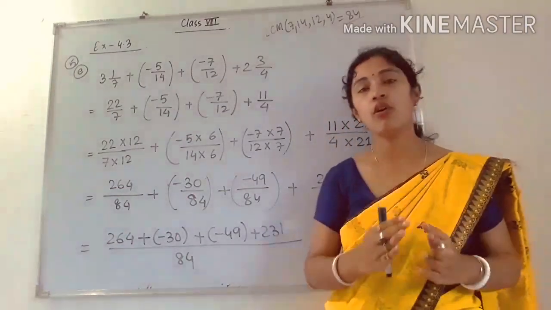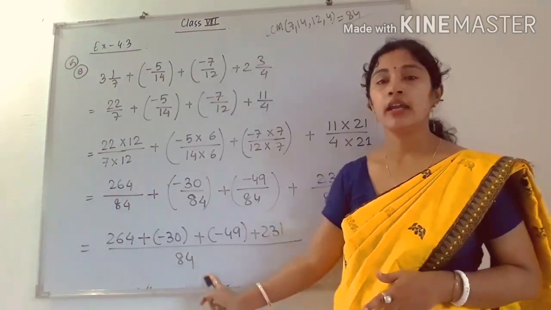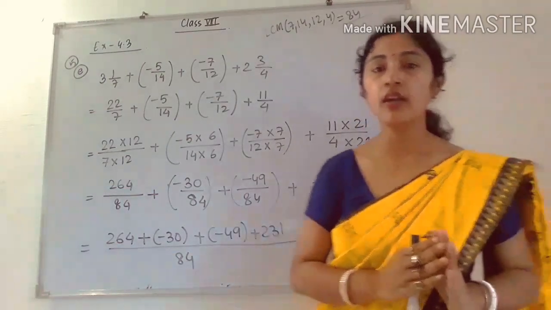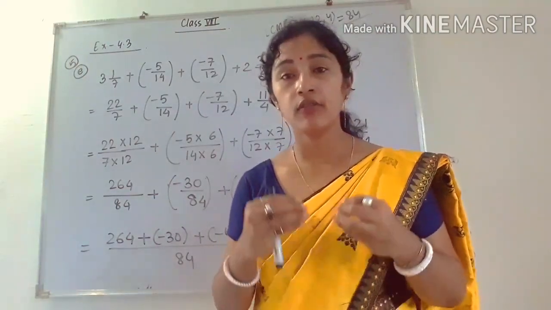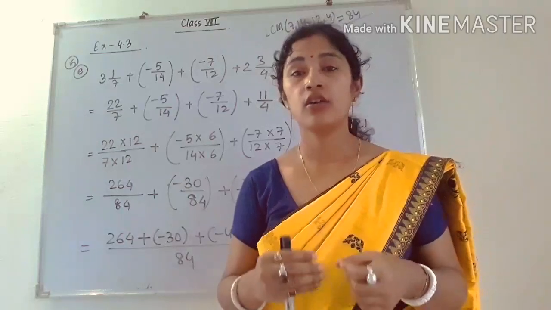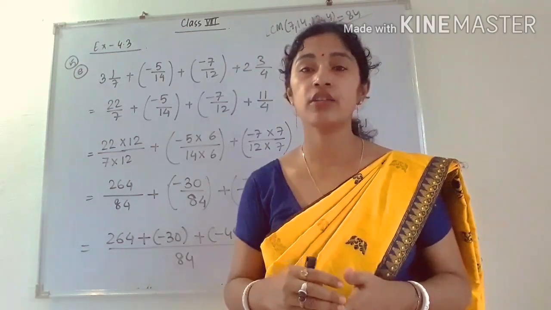Okay, so all are 84, that's why in the LCM we can directly write 84. So what is the first way? First of all, if there is any mixed fraction, or you can say mixed rational number, you have to convert it into an improper fraction.